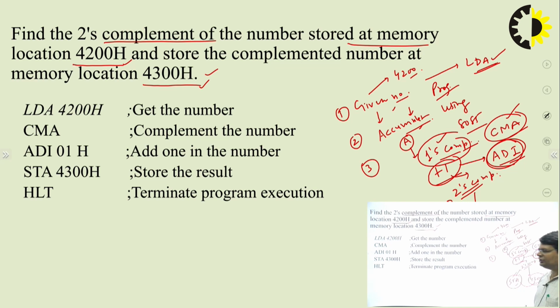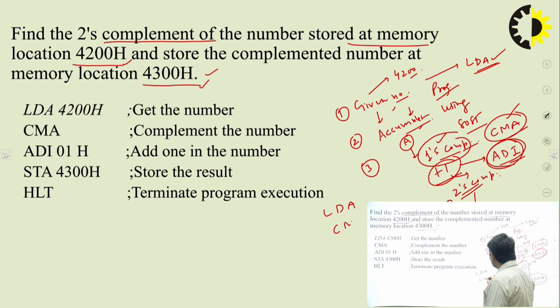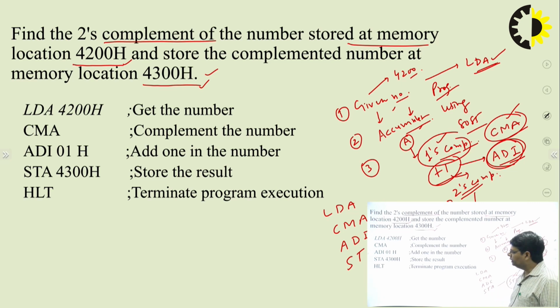So in conclusion, we can see that 4 instructions will be used. One will be LDA, another will be complement accumulator, then for getting the 2's complement we will use add immediate, and then for storing the data available in the accumulator at a particular location we will use STA. So these 4 instructions have been used here.